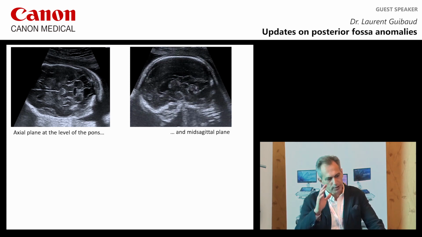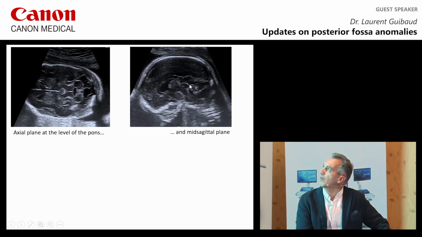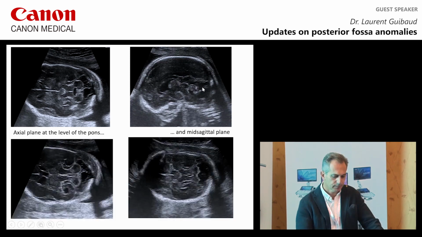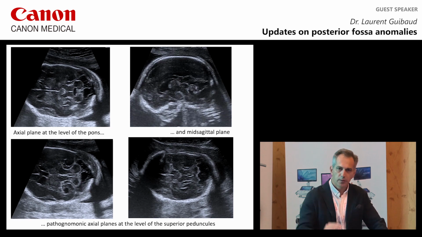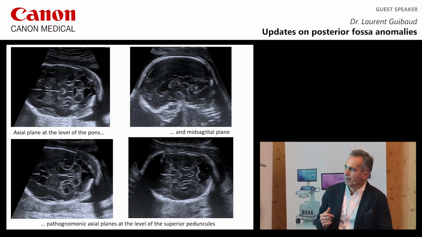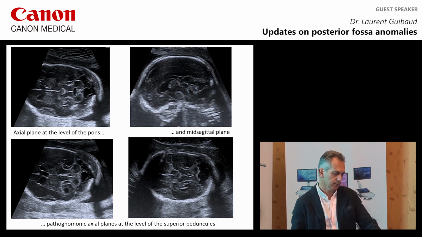On the mid-sagittal view, you have a small vermis, which looks maybe like a Blake's pouch cyst. But if you look a little bit above, at the level of the superior peduncles, there is a finding pathognomonic of the disease.